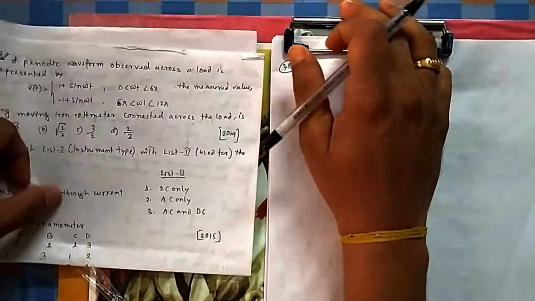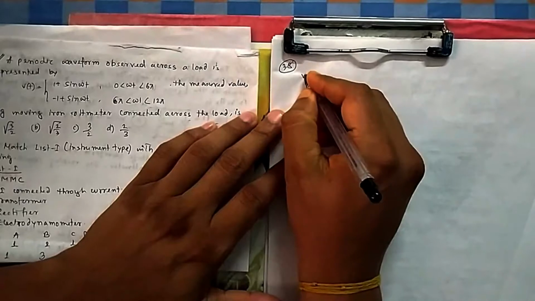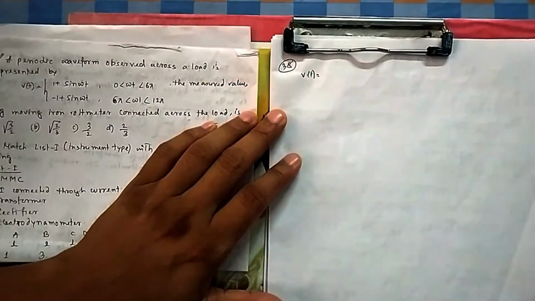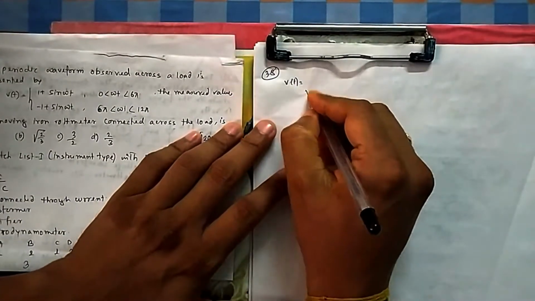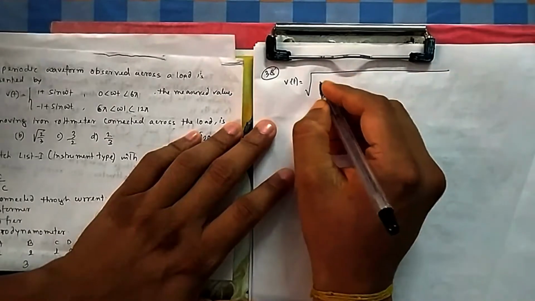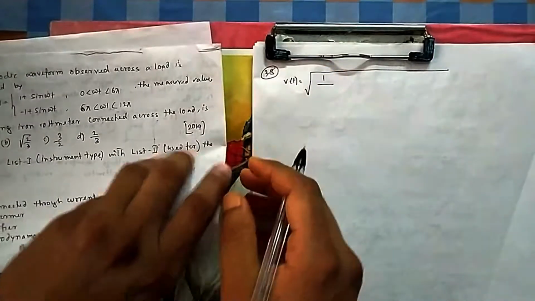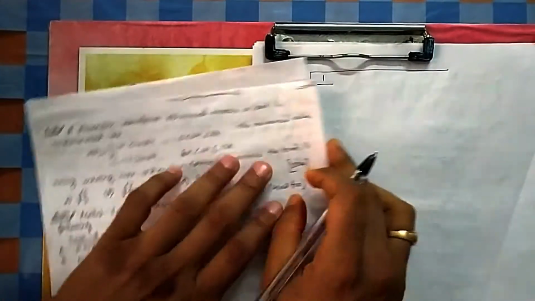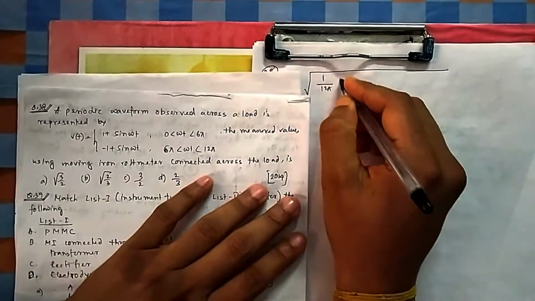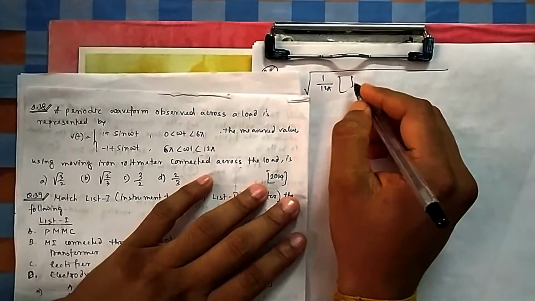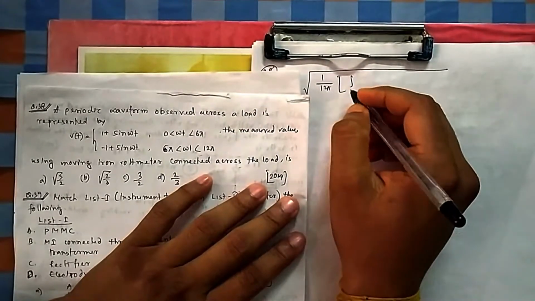Now you can calculate the RMS value of any signal. You have done it in signals and systems or normal AC fundamentals also. So it is root, then mean. Mean: the total time period is how much? From 0 to 12 pi. So 1 by 12 pi. Then you have to integrate, because mean is sum divided by total length.